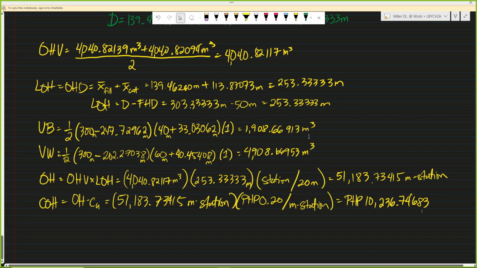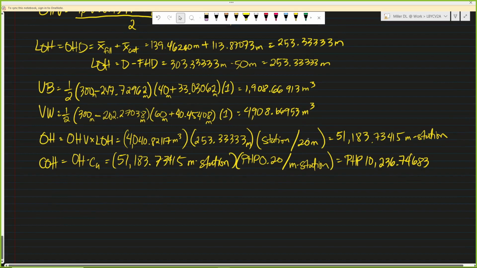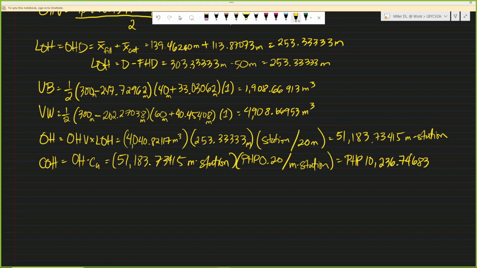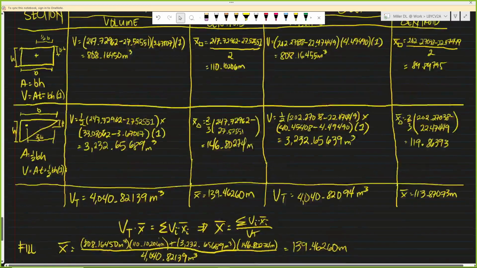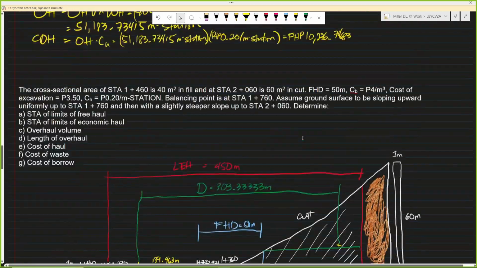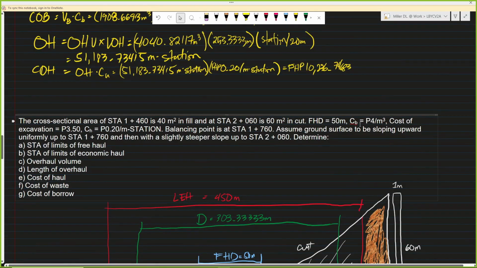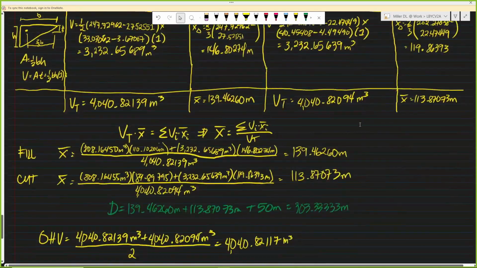Okay? Next would be the cost of borrow. COB. Ang cost of borrow natin is basically the volume of the borrow multiplied by the borrow amount. Yung rate. Ang rate natin for the borrow ay 4 pesos per cubic meter.